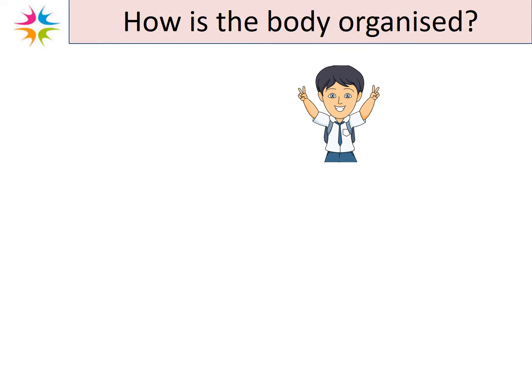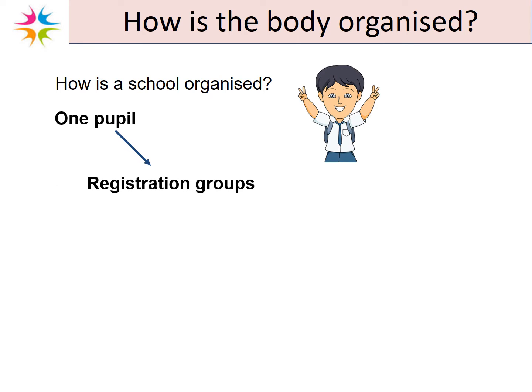We're now going to look at how the body is organized. So it's similar to how a school is organized, and we'll look at that now. So how is a school organized? How is Knole Academy organized? You have 1 pupil like you. Then you have your registration groups or form groups.